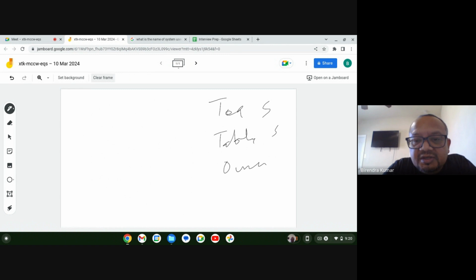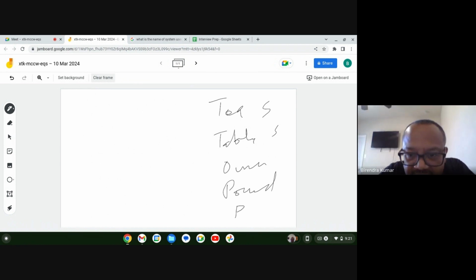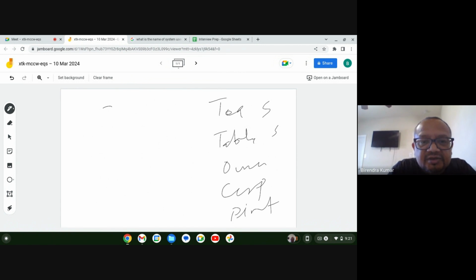Then comes cup. I wrote pound instead of cup, my bad. Ounces make cups, then pints, then quarts, and then comes gallon.